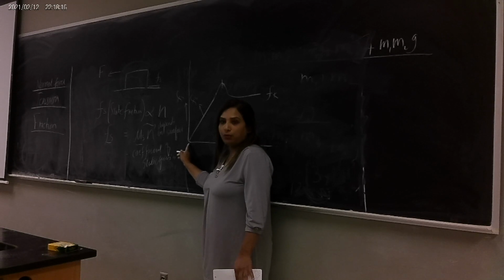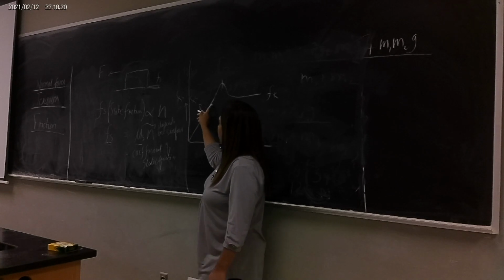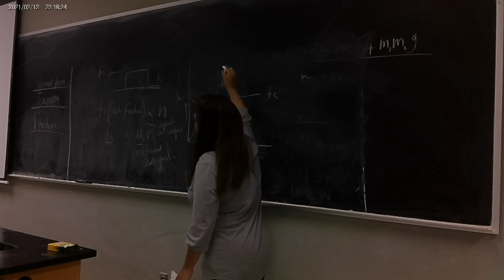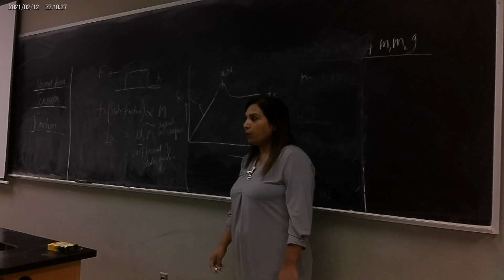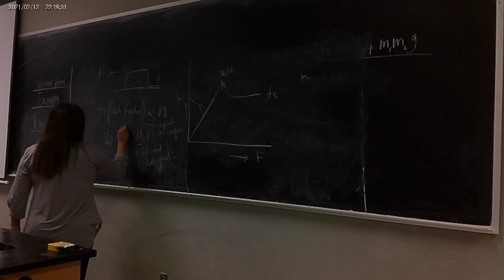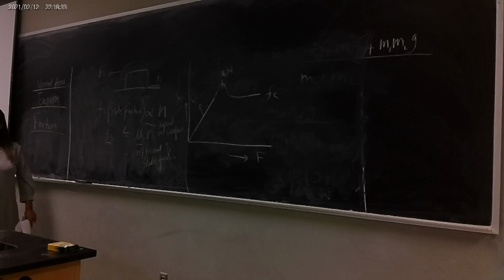You apply a force, it could have a smaller value. Then it increases. Here, it reaches a point where it has become mu s N. It can't resist anymore. It's the limiting value of this friction. So friction force could be less than or equal to mu s N.